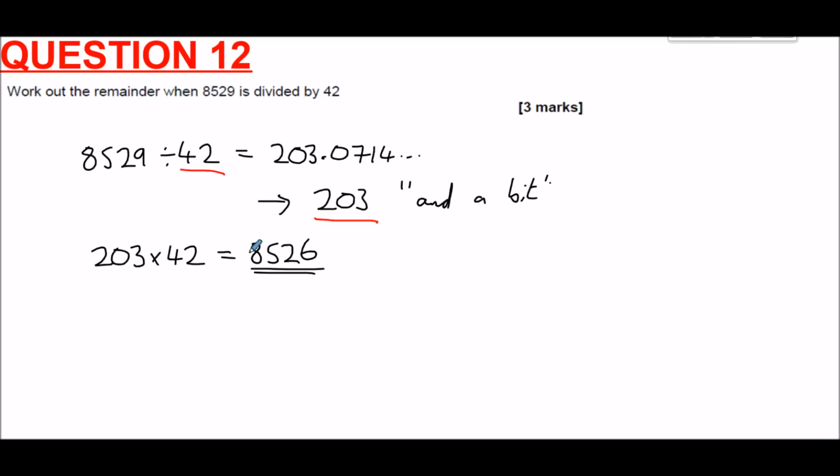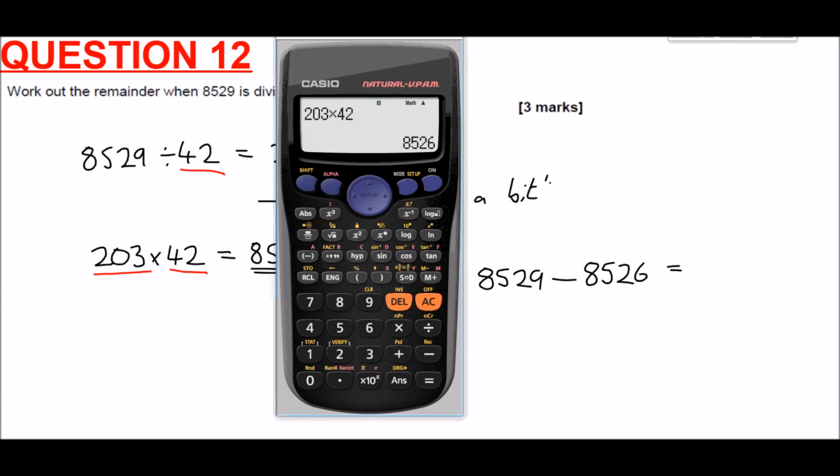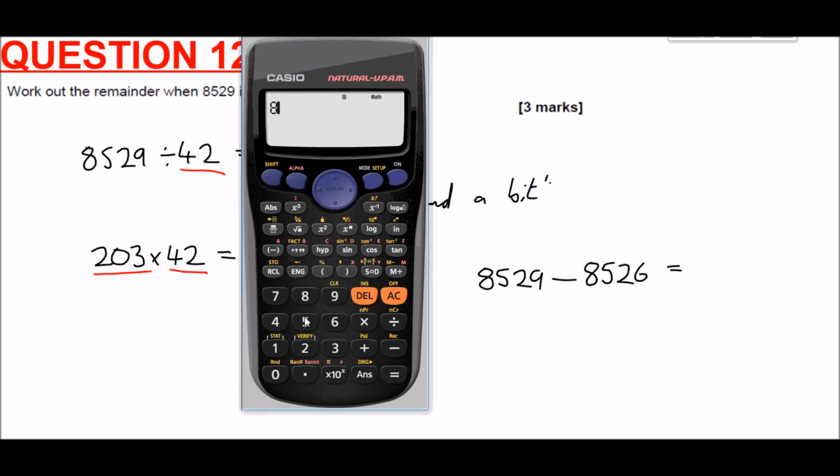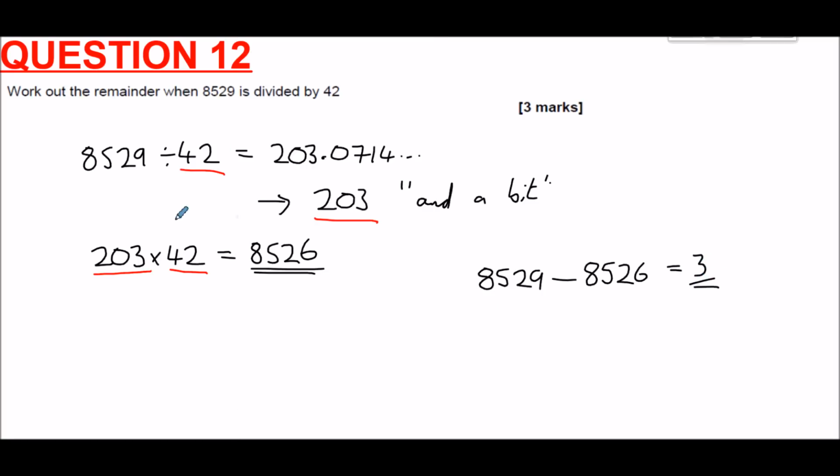And so if we do 8529 take away these 203 42s that fit inside it, which comes to this, we can find out how much is left. In other words, what the remainder is. So 8529 take away 8526 gives us a total of just 3. And so the remainder is 3. And that's our final answer for question 12.